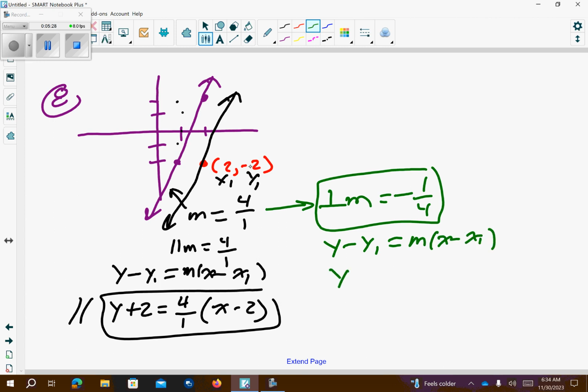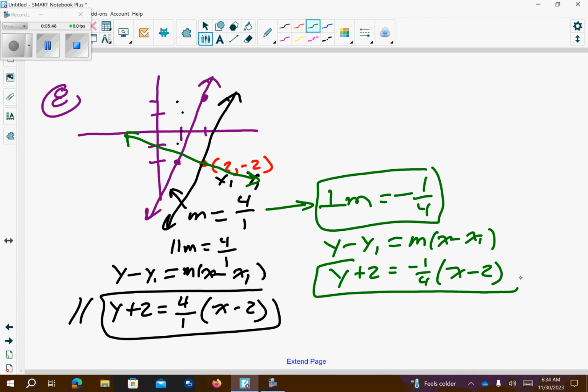So my y1 is negative 2, so it'll be positive 2 here. My slope is now going to be negative 1/4. My x1 is positive 2, so I'll be in negative 2 here. So basically, this perpendicular line would look something like this. And again, didn't ask you to graph it, but this is our perpendicular equation.